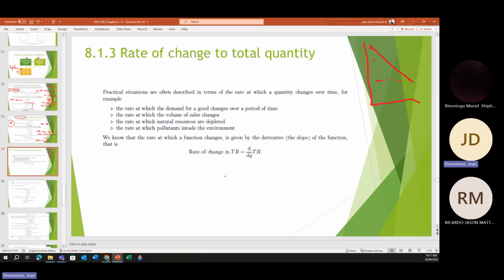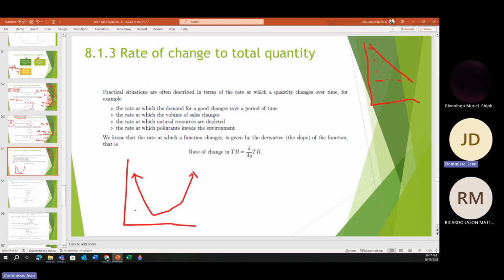So again, with the non-linear functions, it's much more difficult to get the rate of change for this cubic function, or sorry, quadratic function.